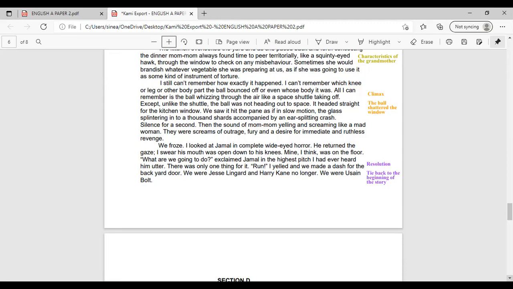And she started to yell, and then we see a pace kind of picks up here when she started to yell at them, as though she wanted ruthless revenge. So we get more in terms of, this is what happened. There was a build up in terms of, well, this is who the grandmother is, and this is what she stands for.